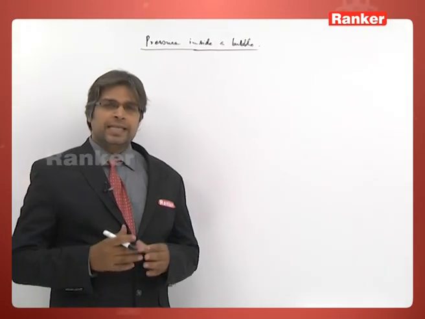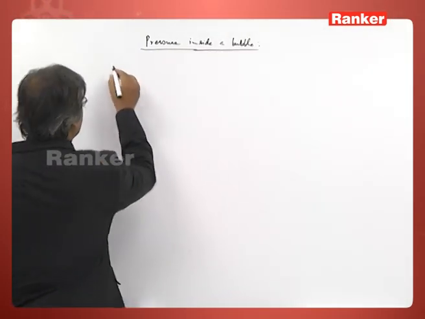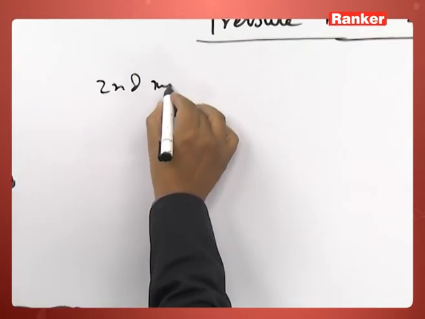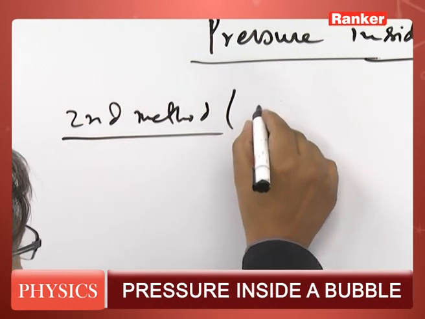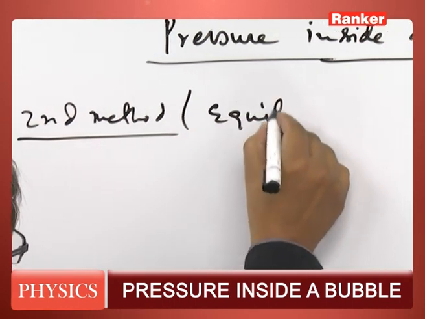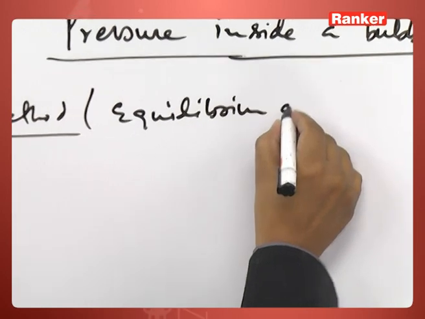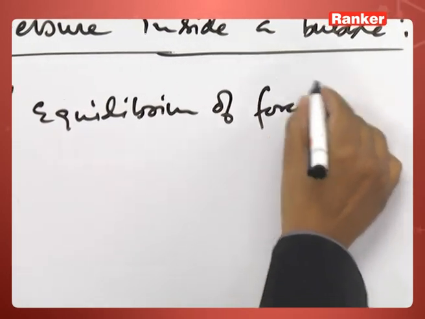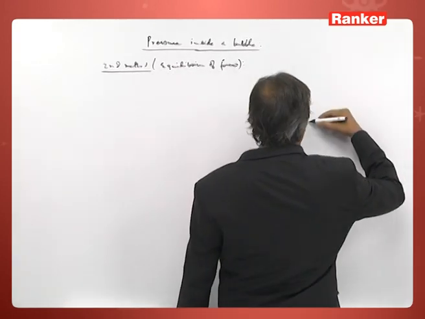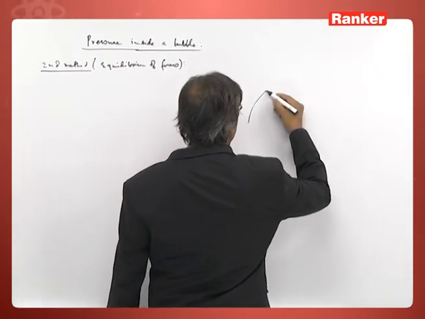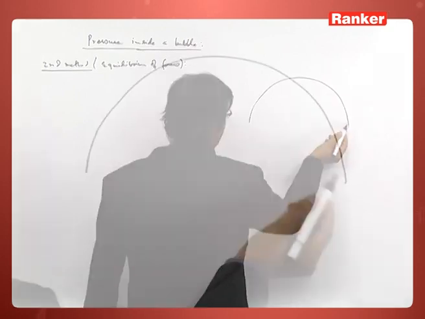Now let us come to the second method, that is equilibrium of forces. So, second method, equilibrium of forces, that is the force method. This time we will consider the equilibrium of a semi bubble.